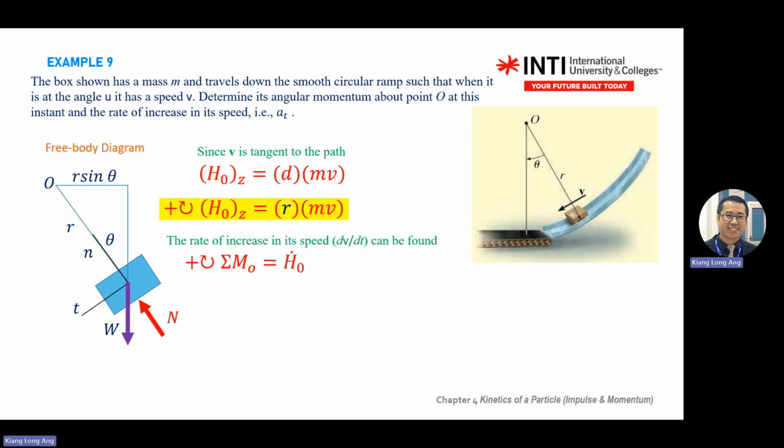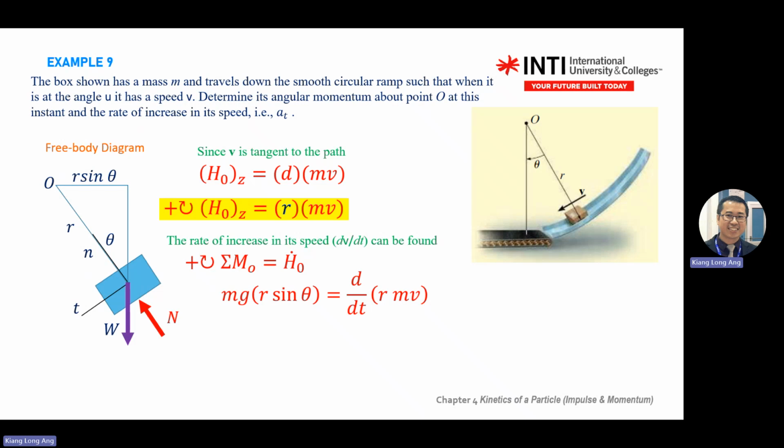So how do you find your moment? F multiplied by d. There's only one force here. Why does normal not create moment? Why does your n not create moment?